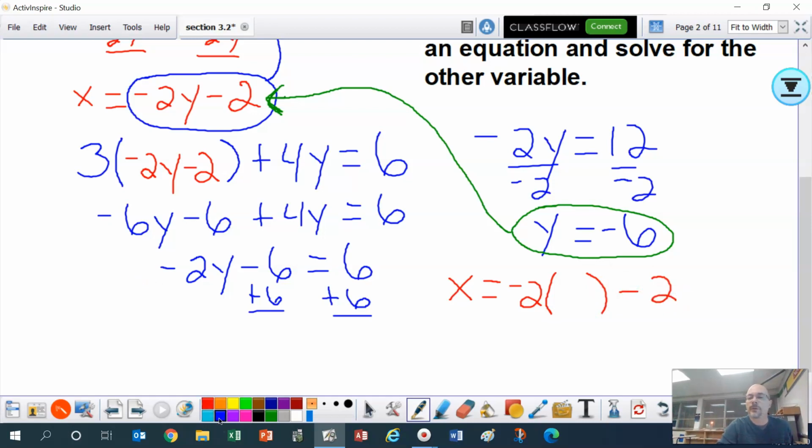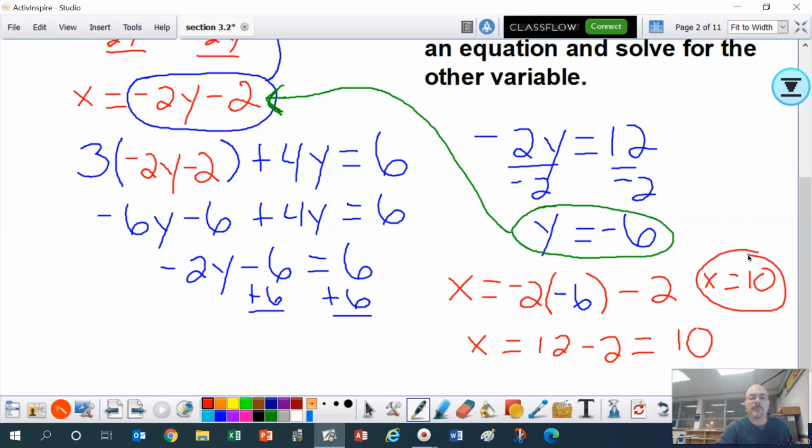Then I'm going to solve it. So x equals 12 minus 2, and that is 10. So x equals 10. I'm done. I now have my ordered pair solution, 10, negative 6.